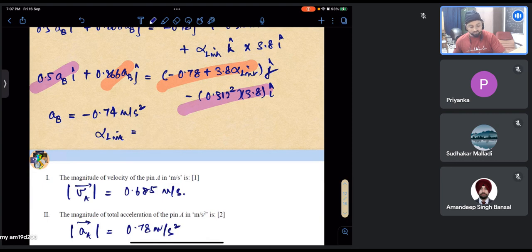Although not asked, but still let us just calculate it as 0.78 by 3.8. I hope I am correct. I'll just check it once again. 0.4 radians per second squared. Minus 0.78 plus 3.8 into.